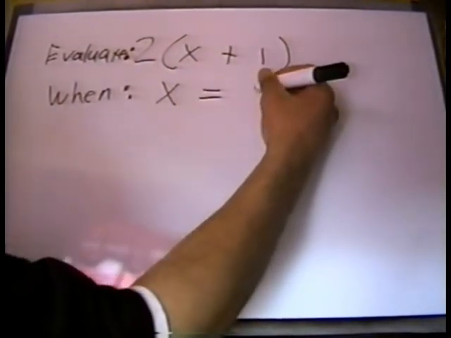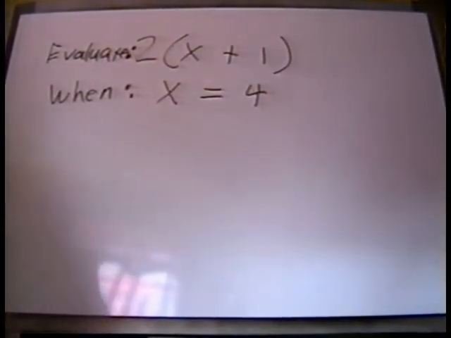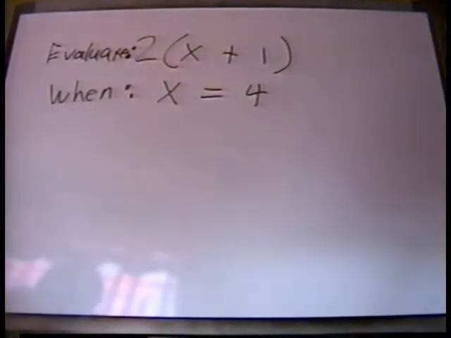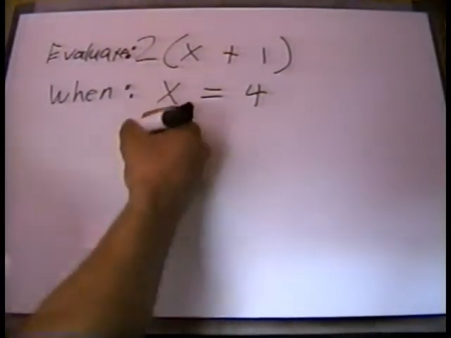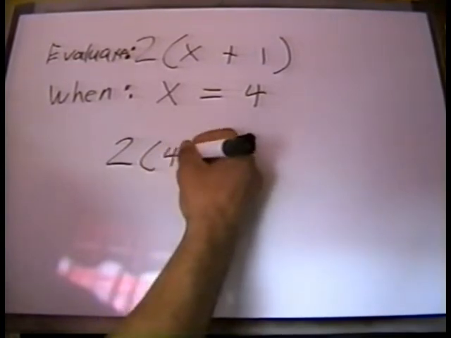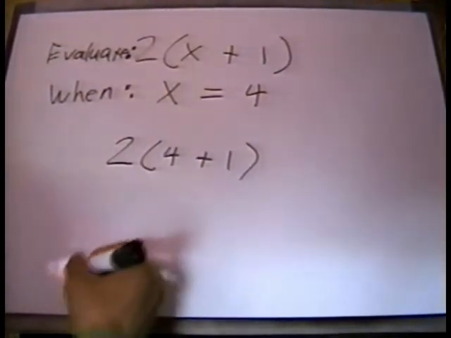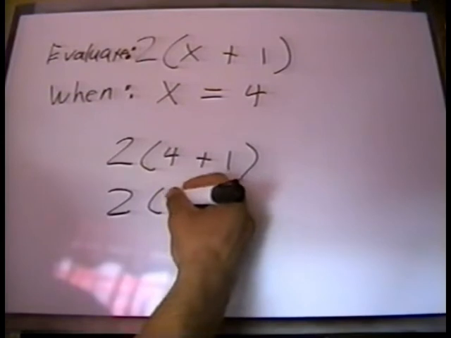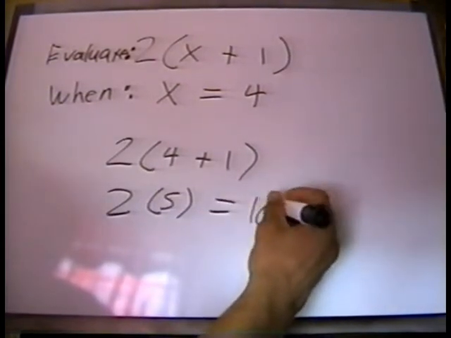Let's say x equals 4. Now if we're evaluating this, we're going to substitute our value in for the variable. So we get 2 times (4 plus 1), or 2 times 5, equals 10.